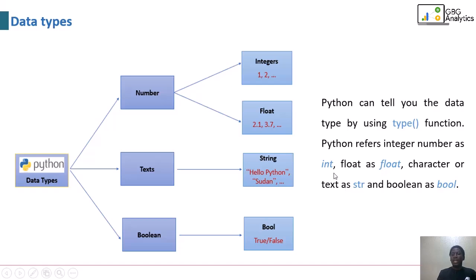As you know, int is the notation for an integer, while float still remains the same. But for a character or a text, Python will see it as str, which signifies a string. And for boolean, which can either be true or false, Python sees it as bool, B-O-O-L.